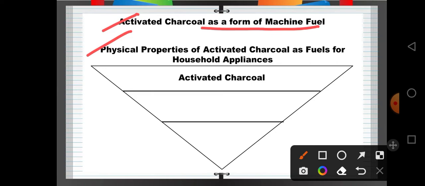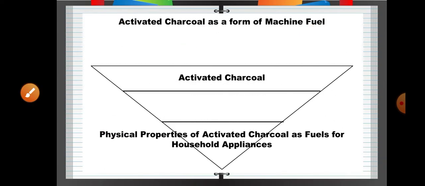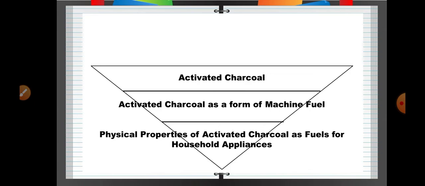Why? Because it tackles the physical properties only. So this is the narrowest topic. And therefore, the best topic for this is activated charcoal as a form of machine fuel. It is neither too broad nor too specific.